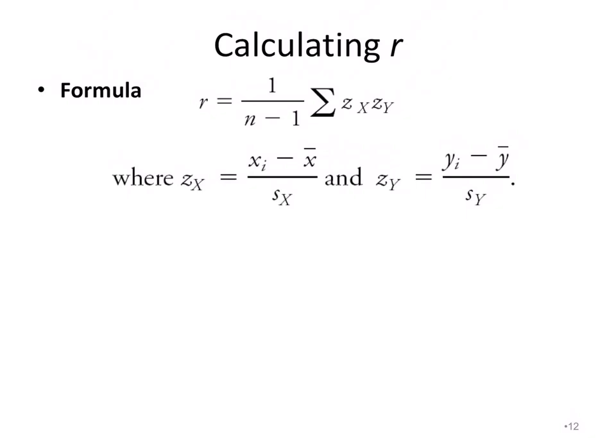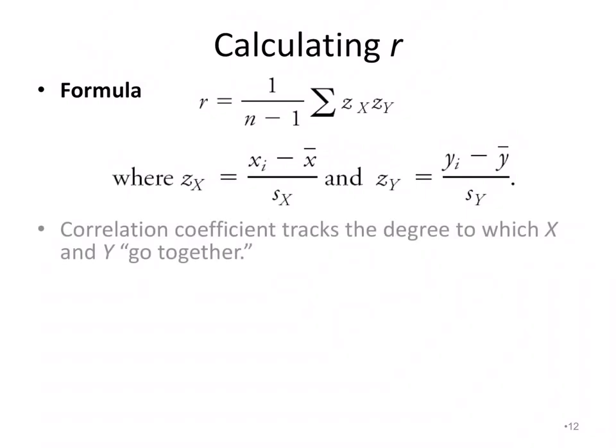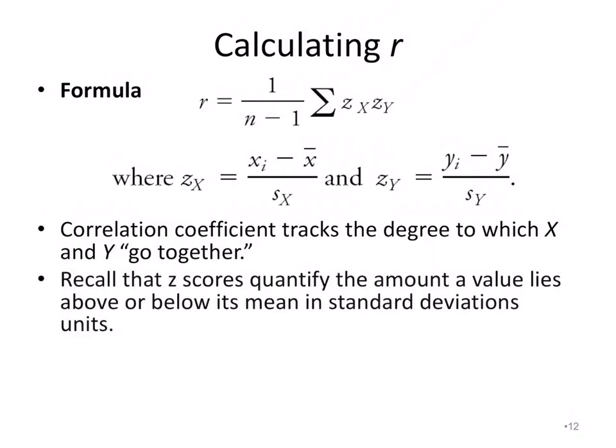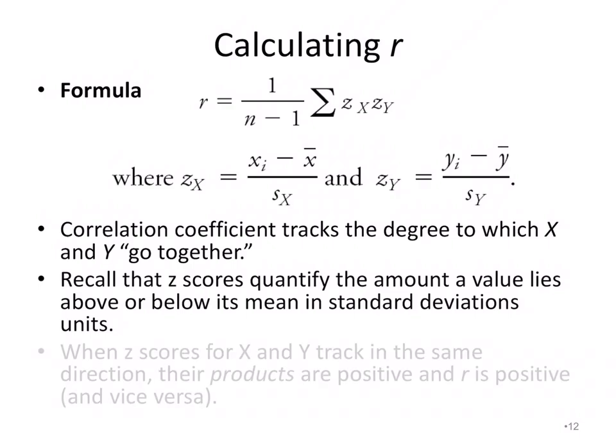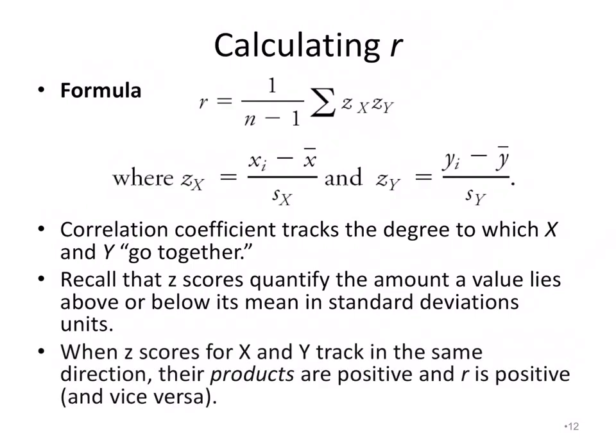These will look very similar. This is what we used when we did z formulas. The correlation coefficient tracks the degree to which x and y go together. Recall that z-scores quantify the amount a value lies above or below its mean in standard deviation units. When the z-scores for x and y track the same direction, their products are positive and R is positive, and vice versa. If it's negative, then it's a negative association.